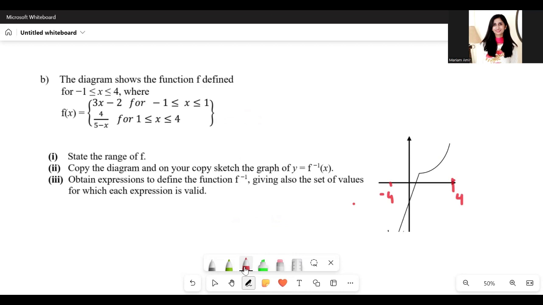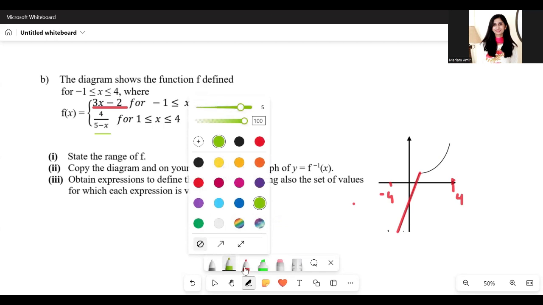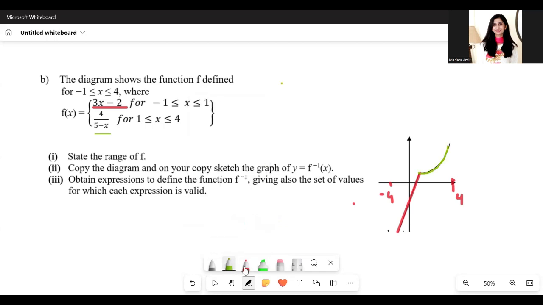So it says that this graph has two parts, a linear part, this one, and a non-linear part, this one. And the linear part starts from -1 and goes till 1. And the other one starts from 1 and goes till 4. Okay, so I've marked 1 in the diagram as well.